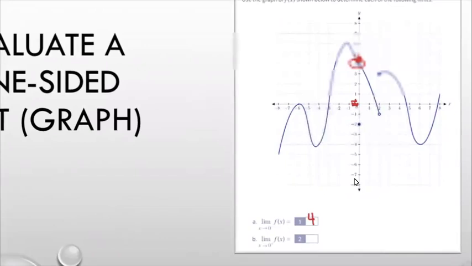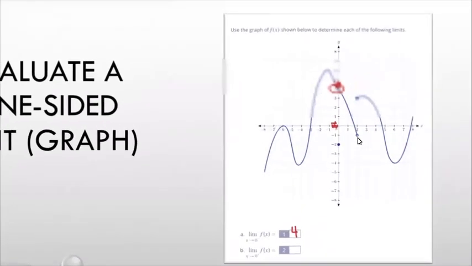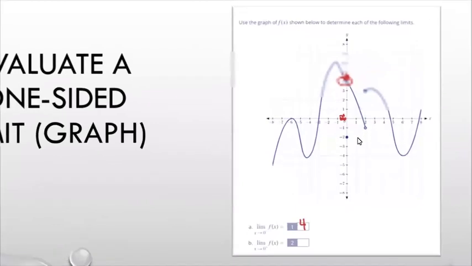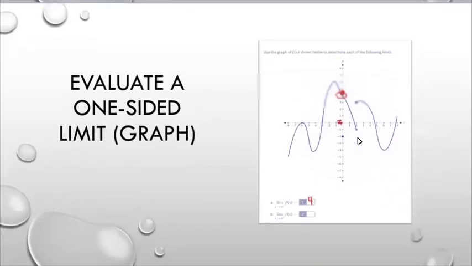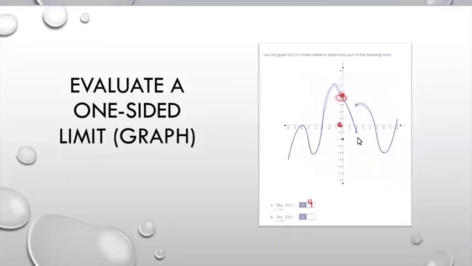And then we do the same, but from the right. From the right, it's going to be pretty much the same, but now we are working with this little piece in here.